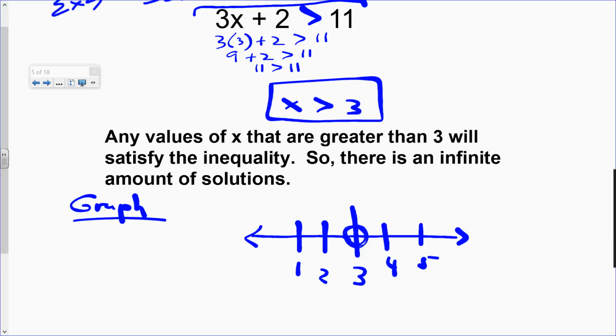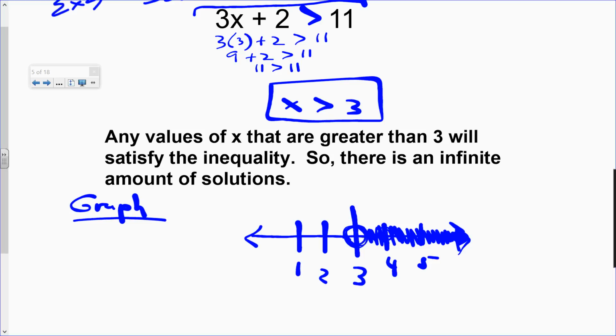So I'm going to shade all the numbers bigger than 3, which means I'm shading to the right. This is communicating that any number bigger than 3 is a solution. In other words, pick any number from this area, any number you want. It'll satisfy the inequality.